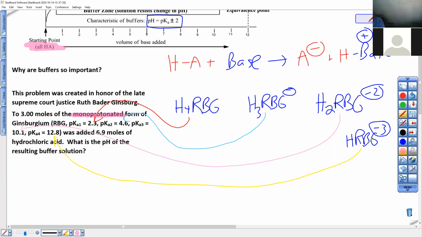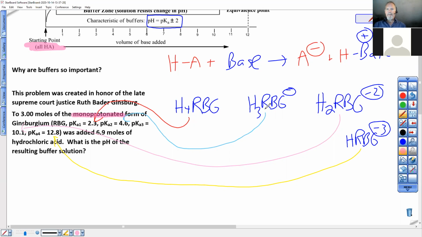It's this one. Now on your problem set, I'm going to have a big list of, you know how it works, there's going to be a big table. Some of you are going to have a monoprotonated version of the same molecule. Some will be diprotonated. That'll be this one. Some of you will be triprotonated. That'll be this one.